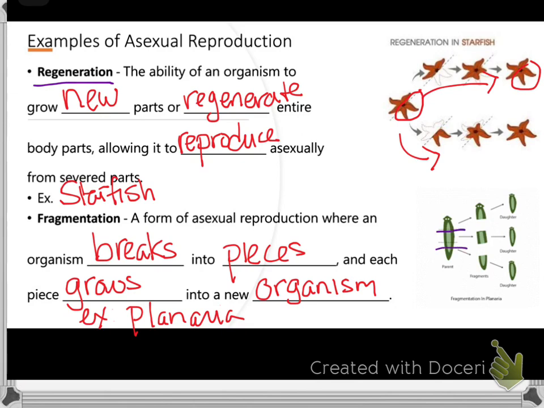And it's showing you that each piece grows a new organism. So you're getting three. This one. This one. And this one. All from one organism. Because each piece is growing a genetically identical copy of itself.